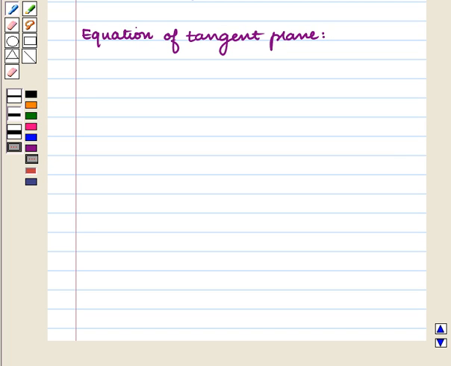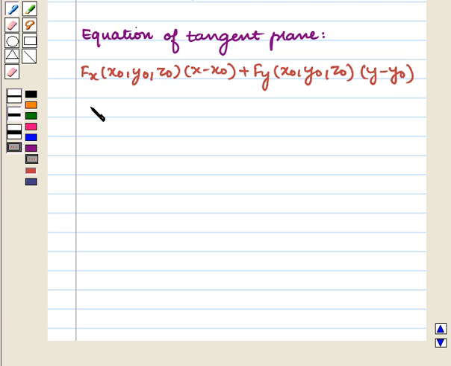We know that the equation of the tangent plane at a point x0, y0, z0 is given by f sub x at x0, y0, z0 into x minus x0 plus f sub y at x0, y0, z0 into y minus y0 plus f sub z at x0, y0, z0 into z minus z0 equal to 0.